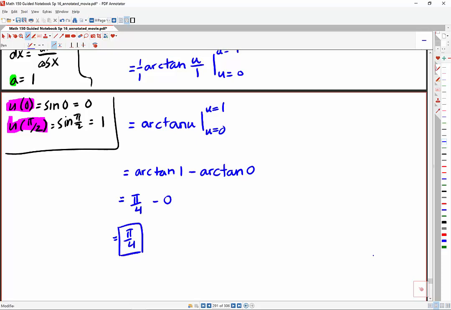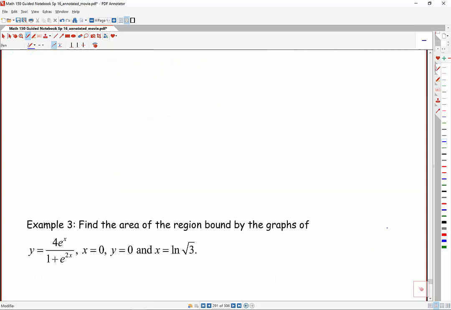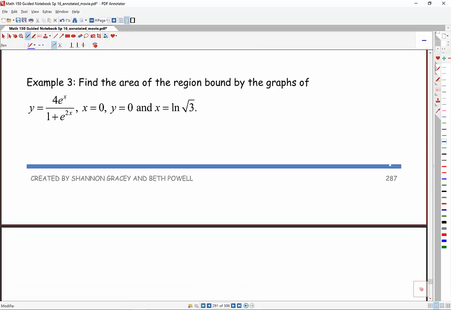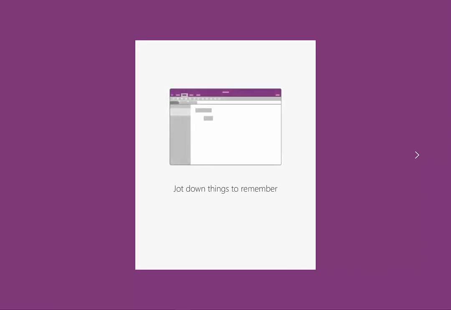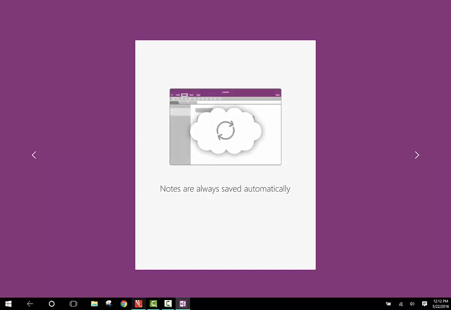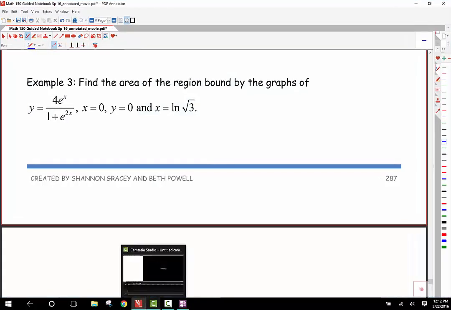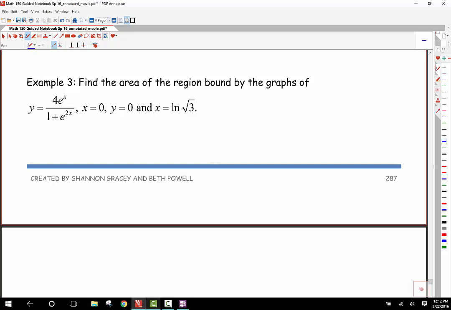Good so far? Awesome. And now we are on to an application. So here we want to find the area of this region bound by these graphs. So remember, area is equivalent to the definite integral as long as the function values are positive.